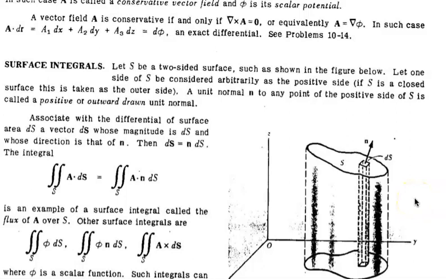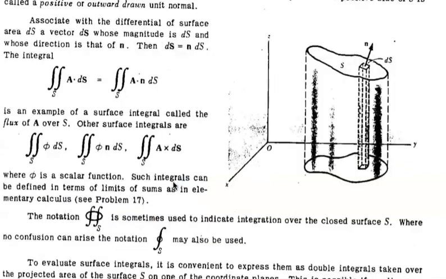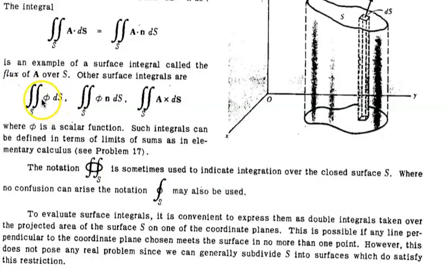That's referred to as a surface integral. The form of notation is this structure here. And then you can have special case surface integrals of a scalar over that surface.